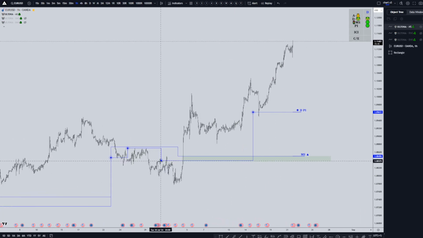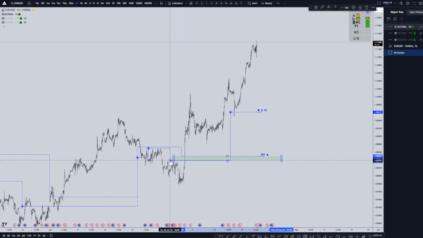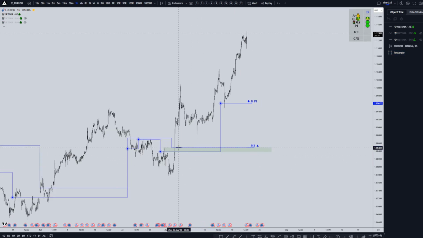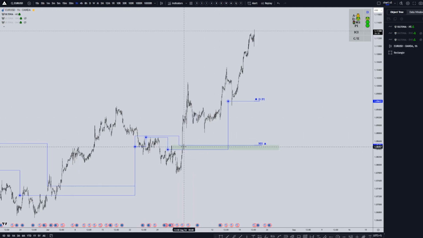And this is the interaction where we flipped power index bullish at the same time. Once we flipped bullish on power index and we flipped bullish on market structure, since this point we've been bullish.